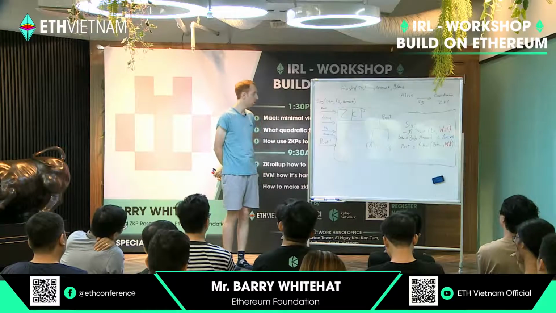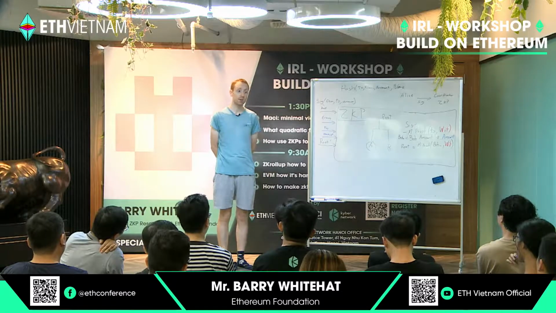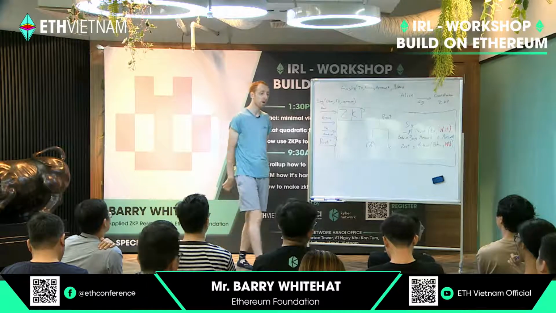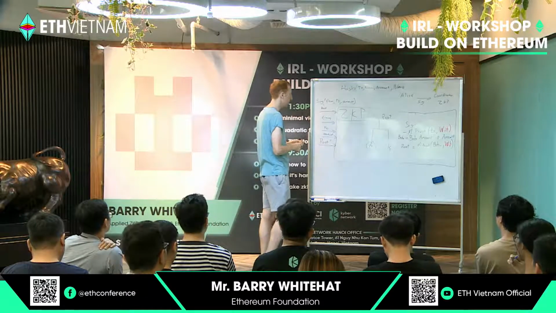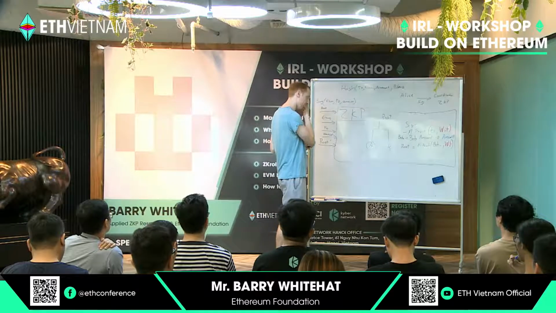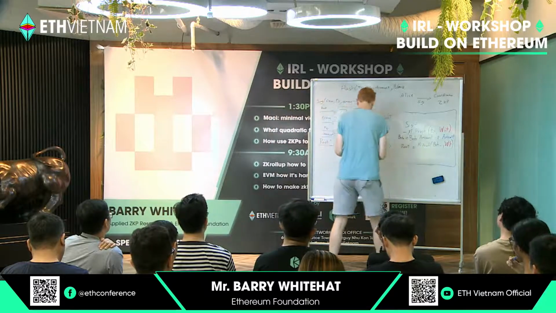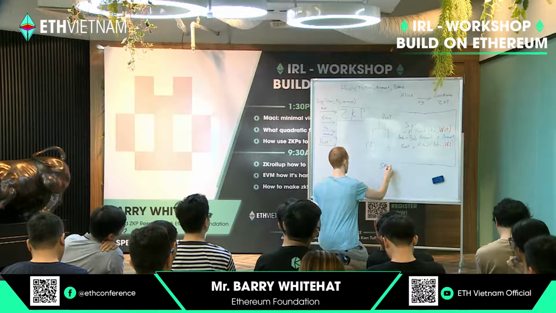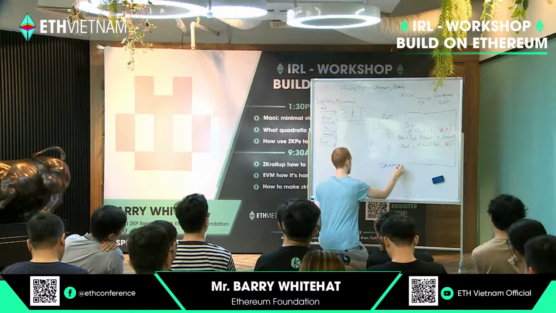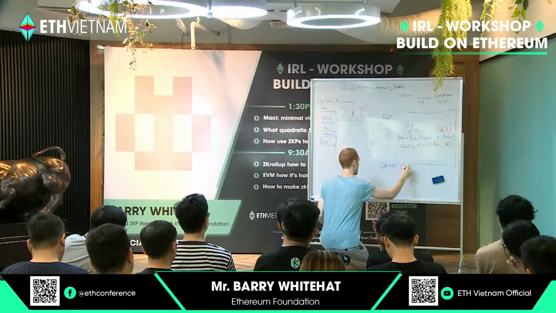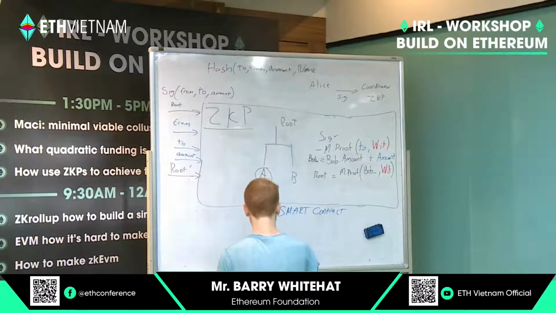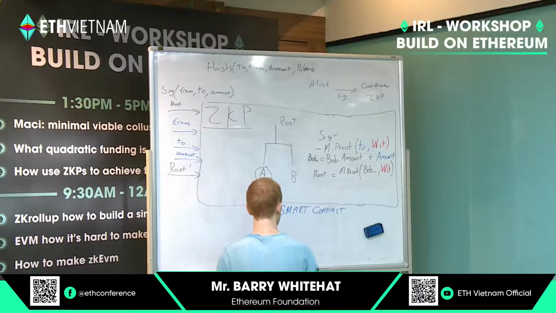Cool. So what does our smart contract need to check? Yep, we need to check that the ZKP is correct. Let me make some space to write this down. We need to check our ZKP.